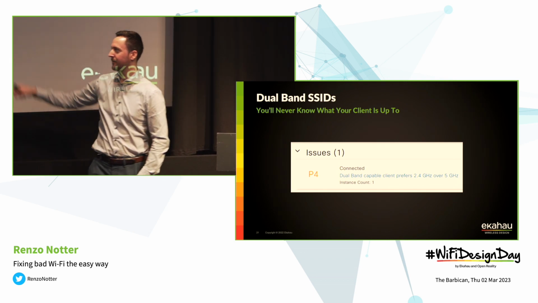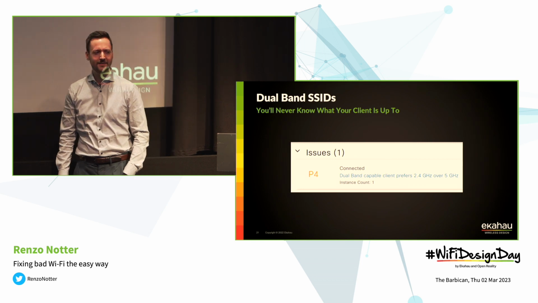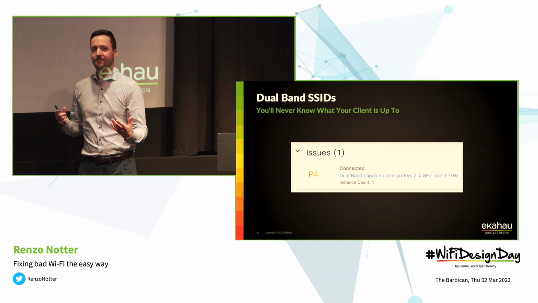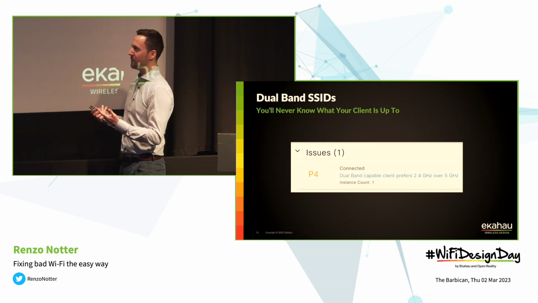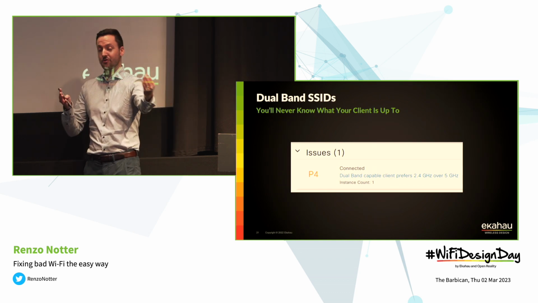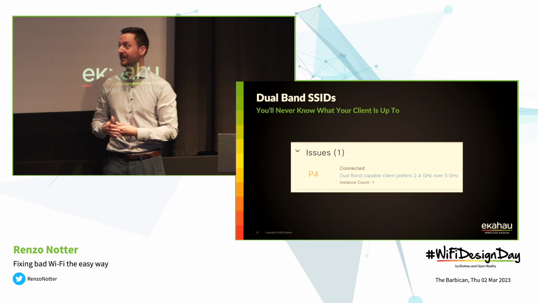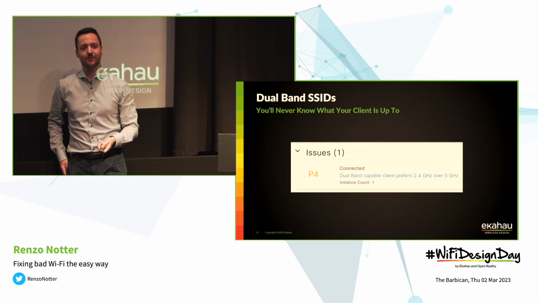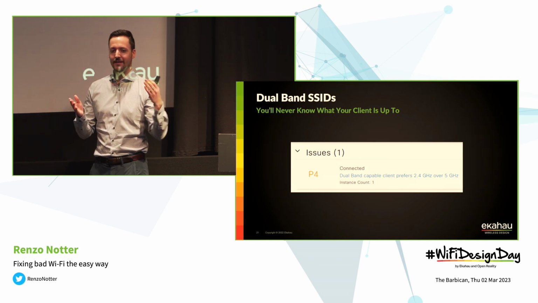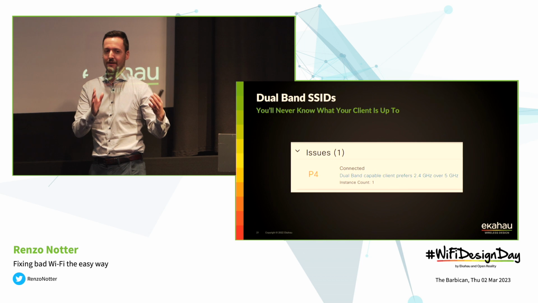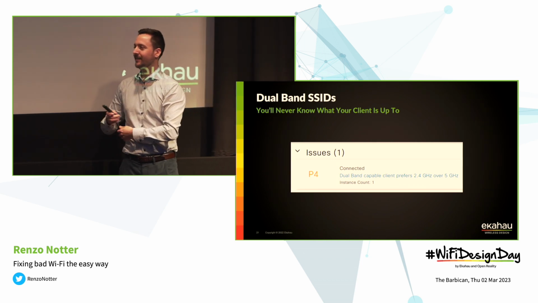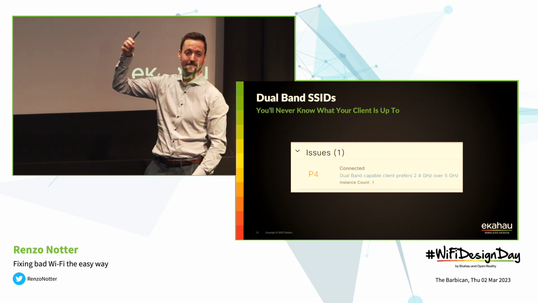This device, where I grabbed the screenshot, is an iPad, which basically prefers the 5 gigahertz band quite a lot. But for some reason, in this scenario, the iPad decided to switch onto 2.4 and stayed there. It's the same thing Max saw. These devices, once they are connected on another frequency band or another access point, tend to stick there as long as they're happy. But the performance is quite limited on 2.4.